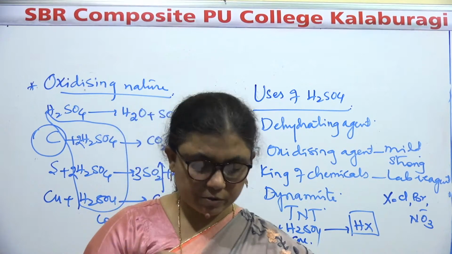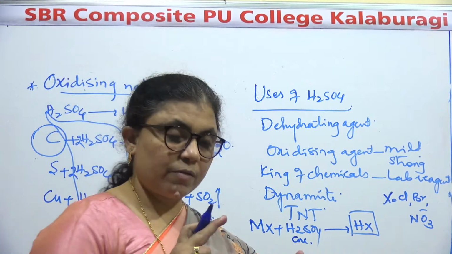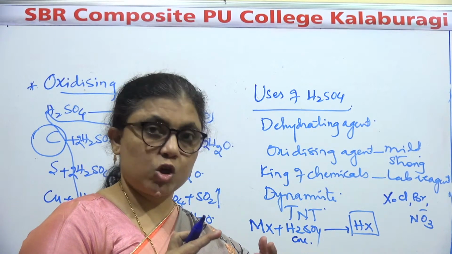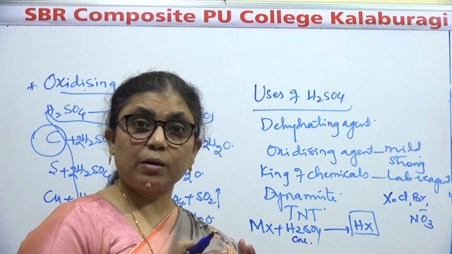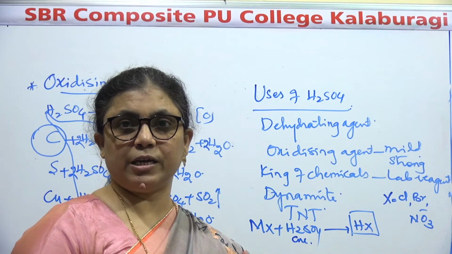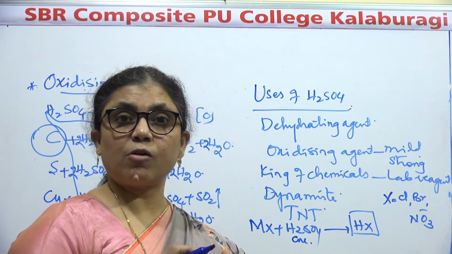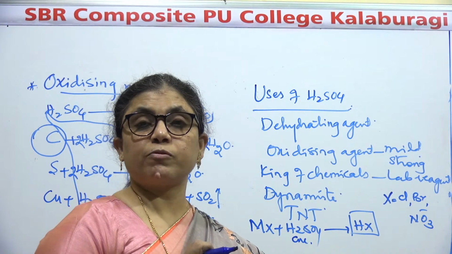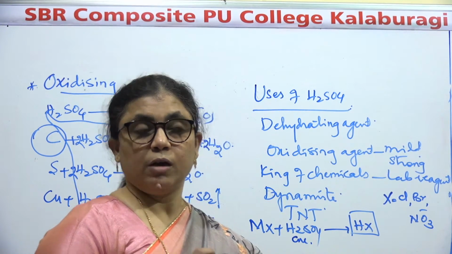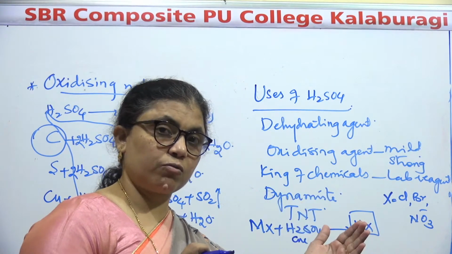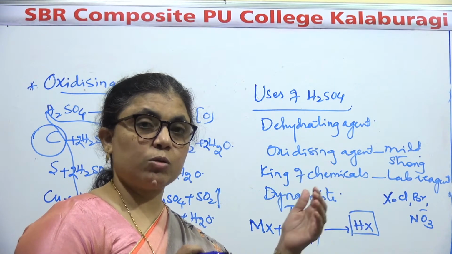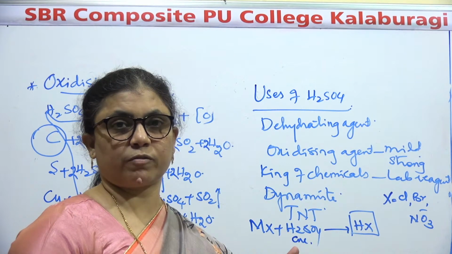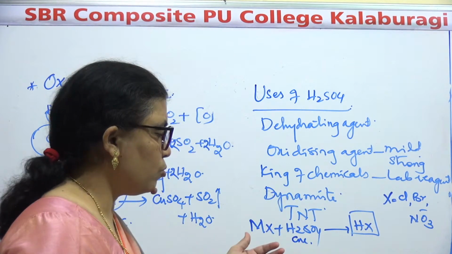Okay, this completes group 16. In group 16, what have we discussed, children? We have discussed the occurrence, general trends, chemical properties, that is the reactivity, the anomalous behavior of oxygen, then allotropes of oxygen like ozone. We discussed dioxygen preparation, properties and uses, and in the same way ozone.